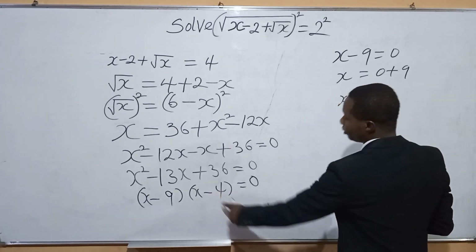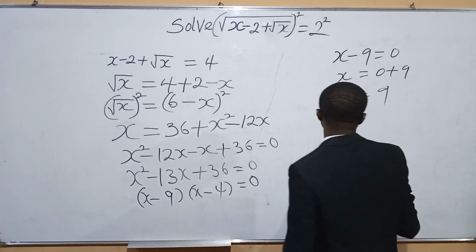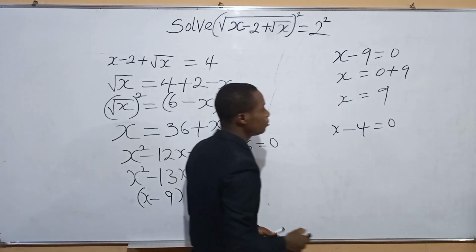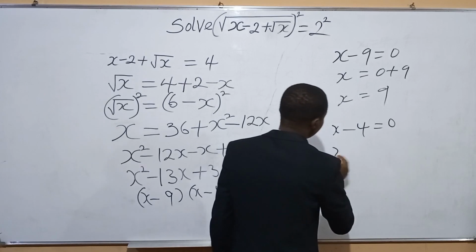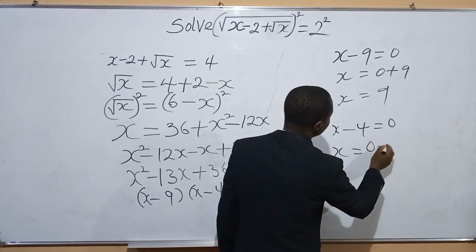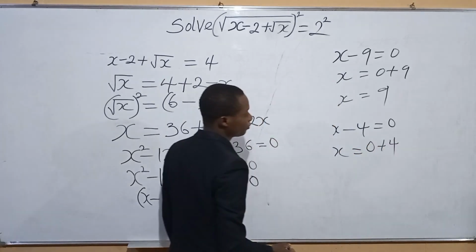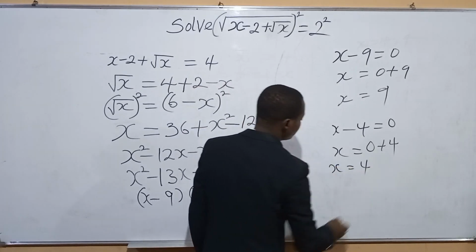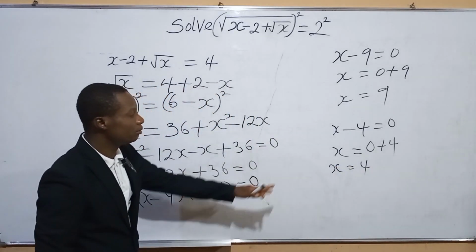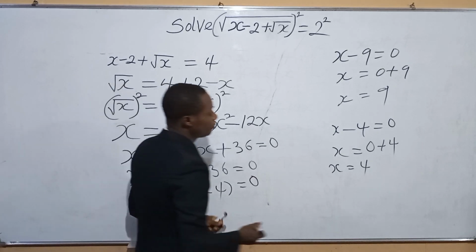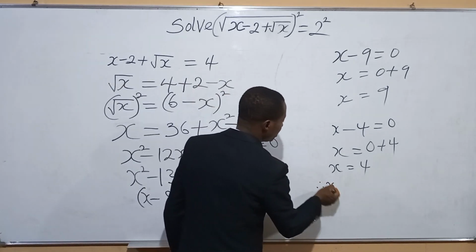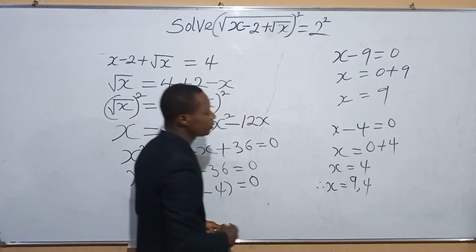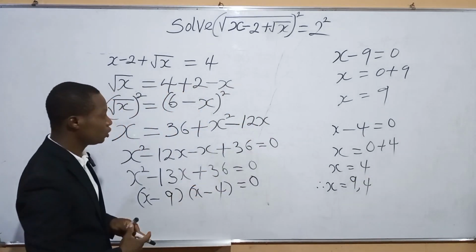Then for the second one, we have x minus 4 equal to 0. So this gives x is equal to 0 plus 4, which means that our x is equals to 4. So the implication of this is that we now have to write that x is equals to 9 and 4. Okay, this is the solution to this question.